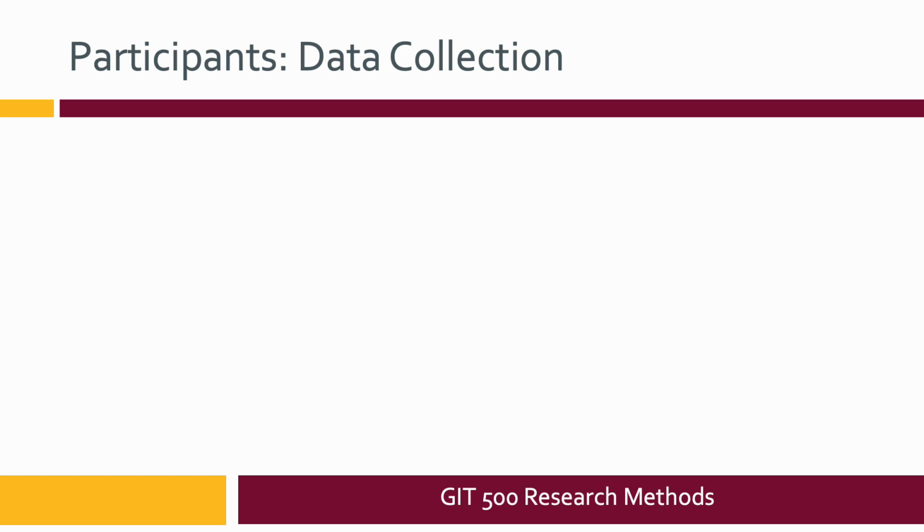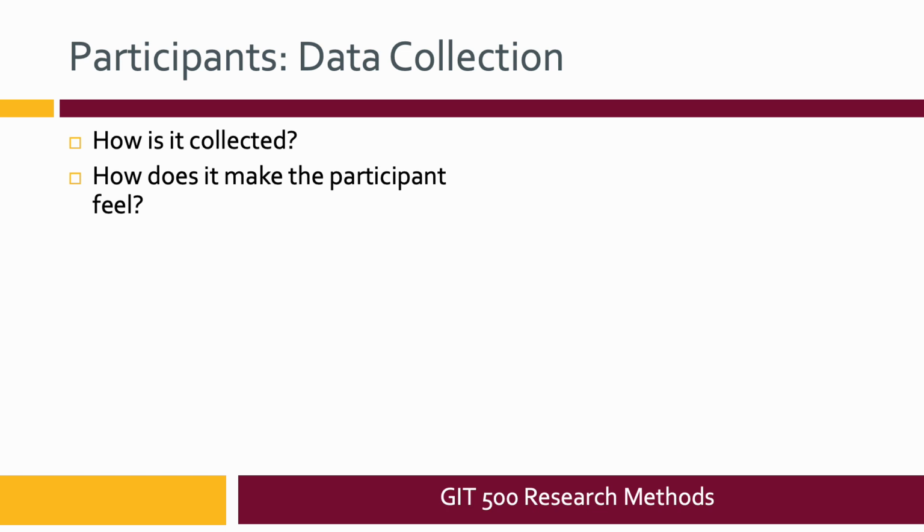are concerned. So the first one we'll talk about is participants, and one of the biggest possible ethical issues is data collection. So as researchers, we need to ask ourselves, how is that data going to be collected? Are we going to do surveys, interviews, focus groups, and so on? We have to consider how it makes the participant feel.